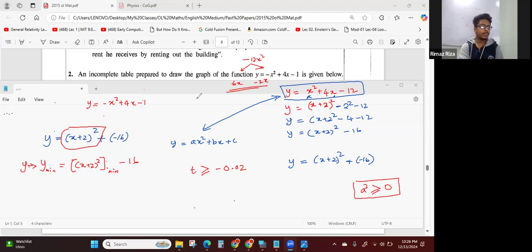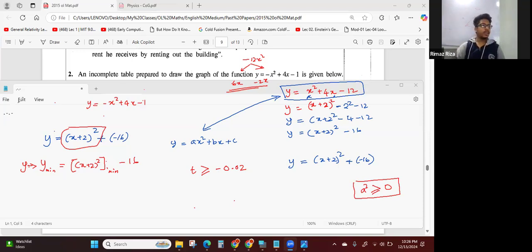Safa? Okay, so here it says T is greater than or equal to minus 0.02. Therefore, it has a minimum value.